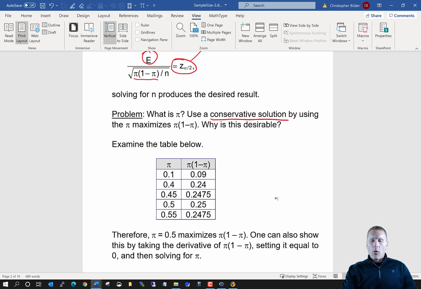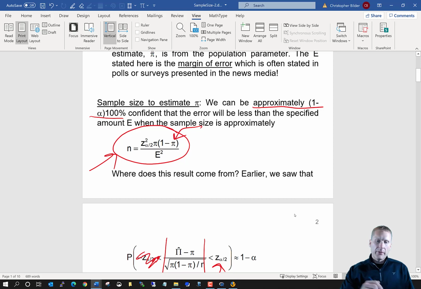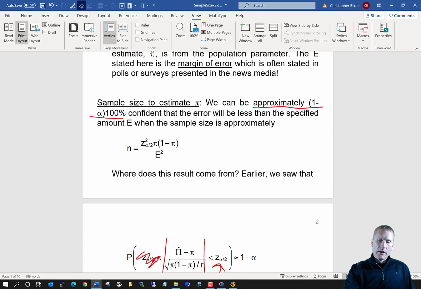So this conservative solution is that let's pick a pi that's going to maximize pi times 1 minus pi in our expression for n. So let's come back here. If I use a pi that makes this as big as possible, since it's in the numerator, it's going to make n as big as possible for a fixed E, for a fixed confidence level.